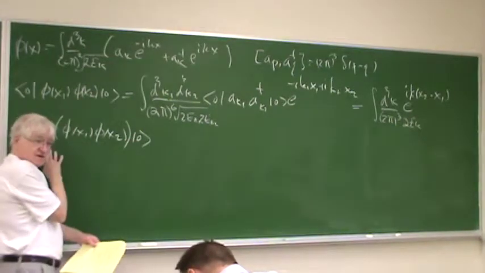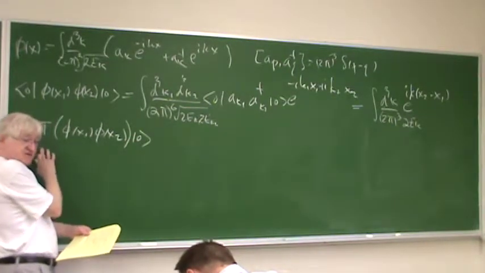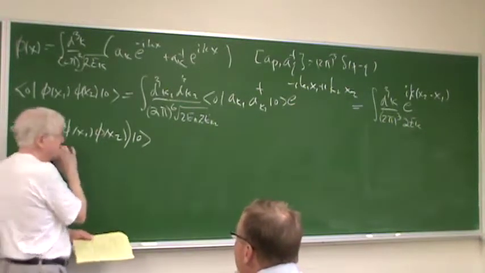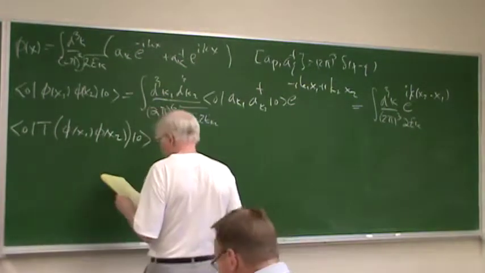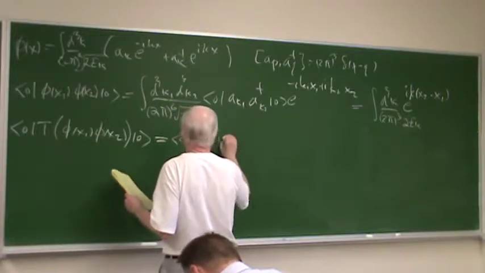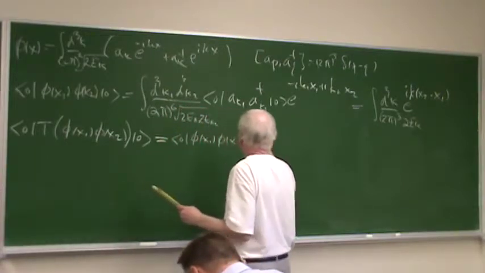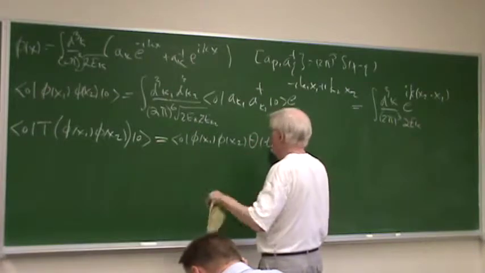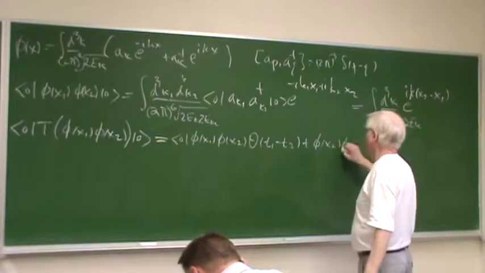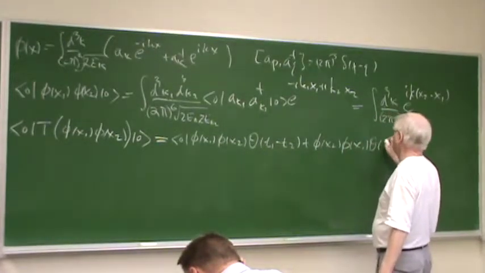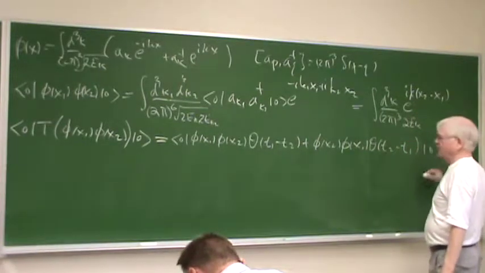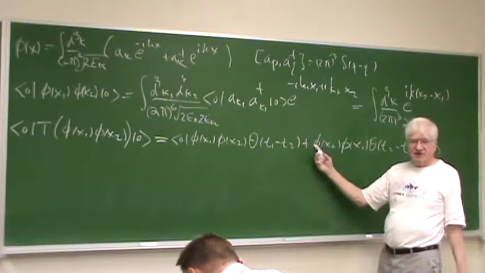Now this is another Green's function. It's a Green's function for a free scalar field, and this is what's called the Feynman propagator. So what is it? Well, it's of course vacuum, phi of x1, phi of x2, theta of t1 minus t2, plus phi of x2, phi of x1, theta of t2 minus t1, vacuum. And of course you can stick a vacuum on the right here and a vacuum on the left there.